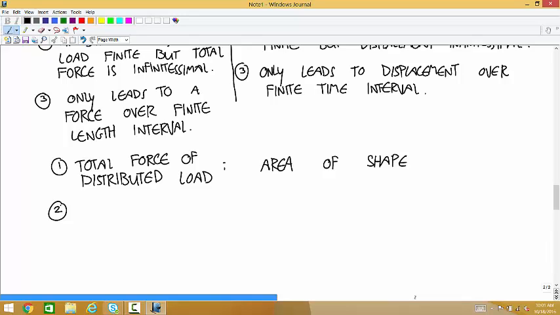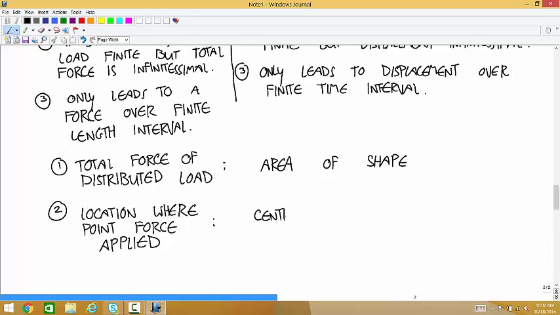And second, we need the location of the point force, the location where the point force is applied, and that's the centroid of the shape.